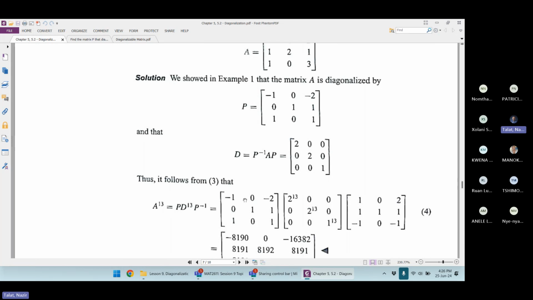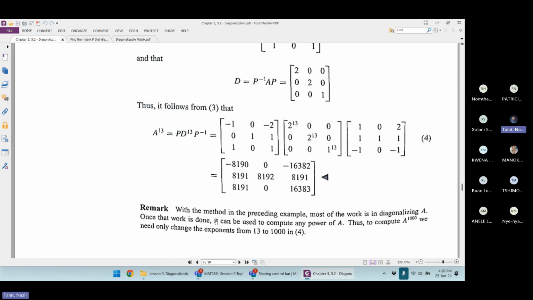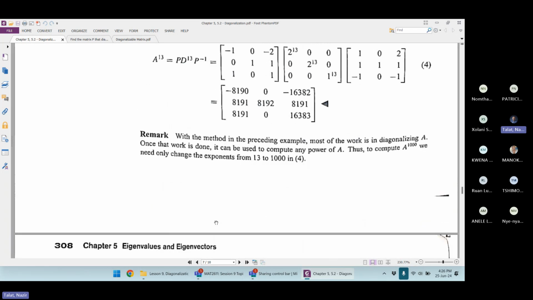Either you first multiply the first two and then the result with the other one, or first multiply the second and third and then multiply with the first one. Then you will get a matrix, and this matrix will always be A power 13. This is the simplest rule for obtaining it.